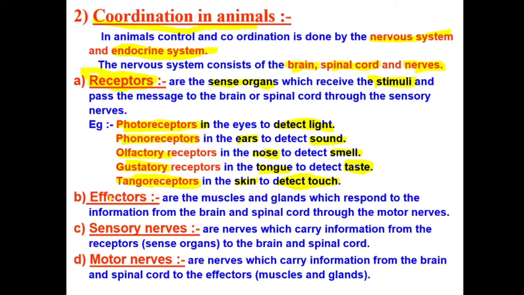Next is effector. What is an effector? Effectors are the muscles and the glands which respond to the information from the brain and spinal cord through motor nerves.